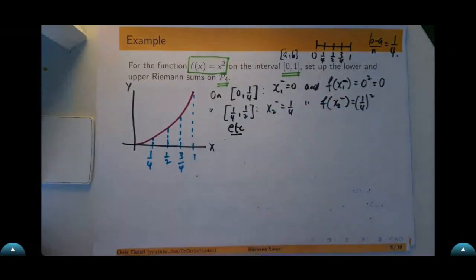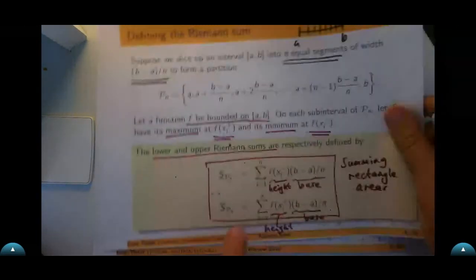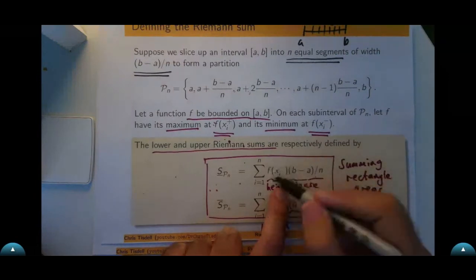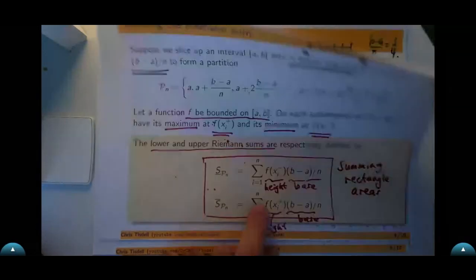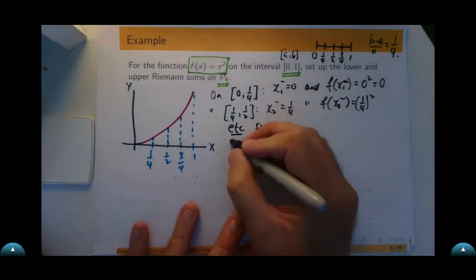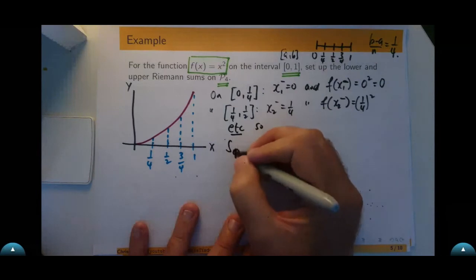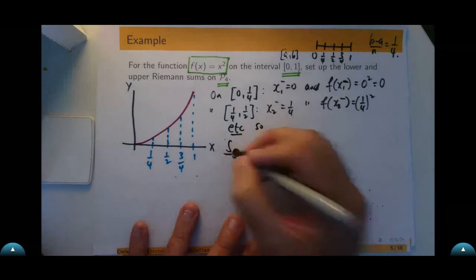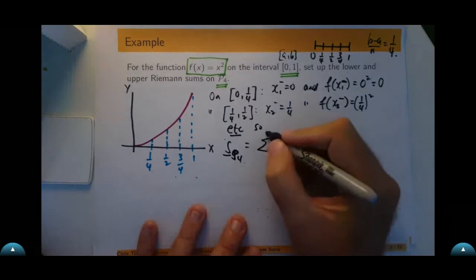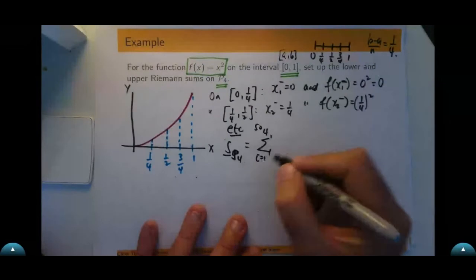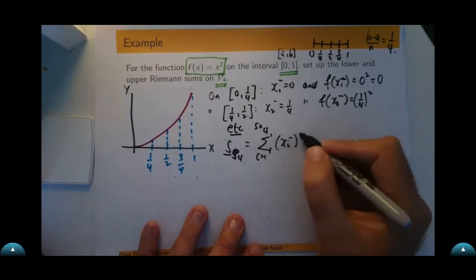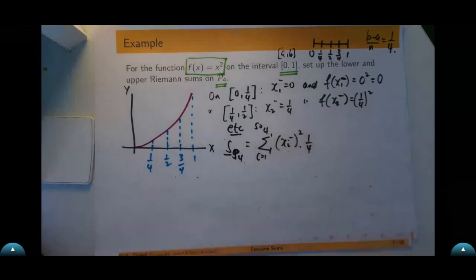So what you can do now is set up your Riemann sum here. This thing is going to be 1/4. This is going to just be the function at the left-hand endpoint of each of our subintervals. Okay, so it's going to be the sum from i equals 1 to 4 of x_i minus squared times 1/4.